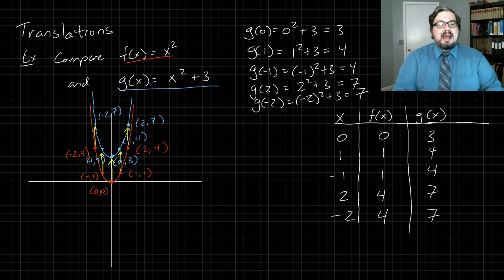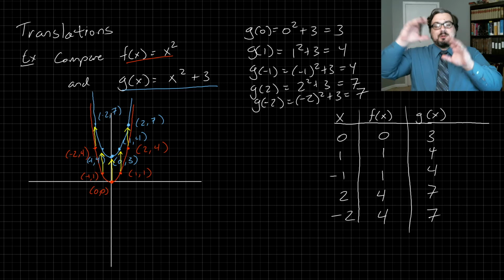Let's look at another function though. Let's use this same graph and see the other kind of transformation, or translation, that we can have. The other kind of translation we can have is a horizontal one. Now the general rule that I mentioned before says that vertical changes to the graph occur when you change a number outside of the function.